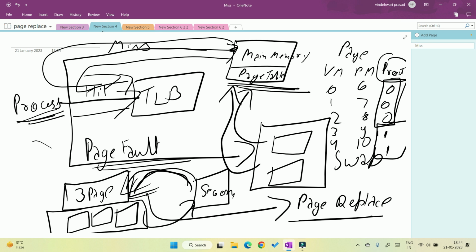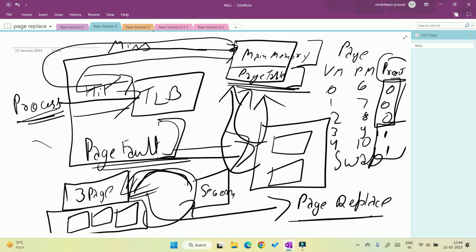If it is not present, it goes to the page table and checks whether the page is present in the main memory or secondary memory. If it is present in the main memory, the page will move to the TLB, so that the next time the process needs that page, it will be a hit. If that page is not present in the main memory, that condition is called a page fault, and the page will be taken from the secondary memory and moved to the main memory.